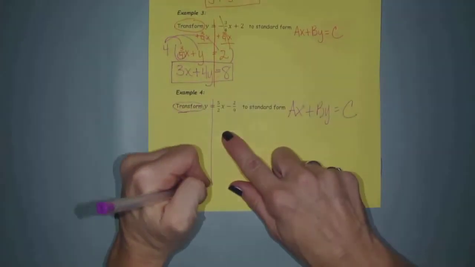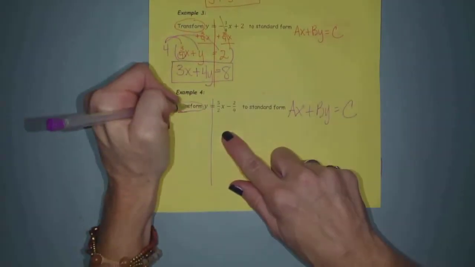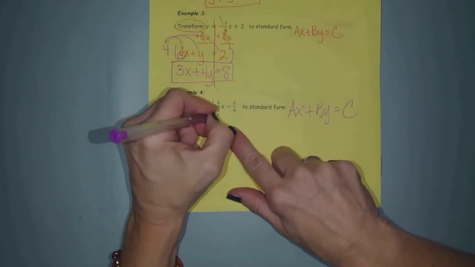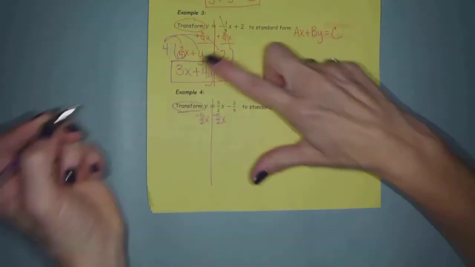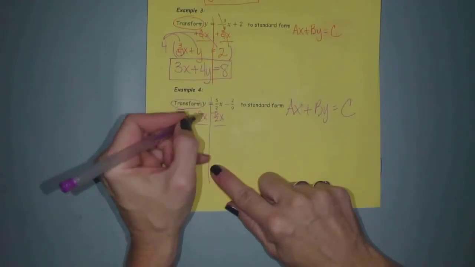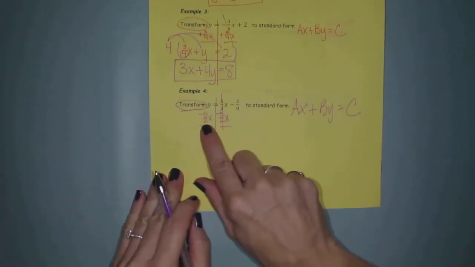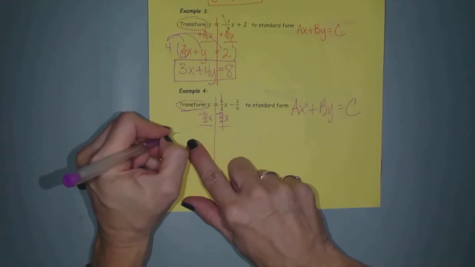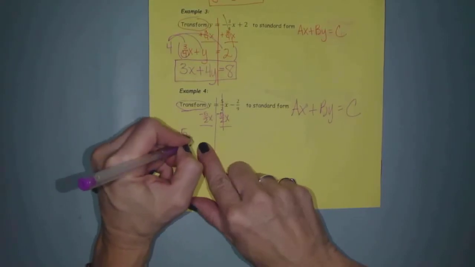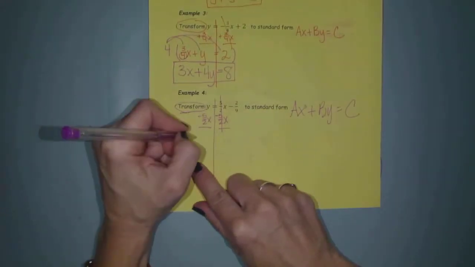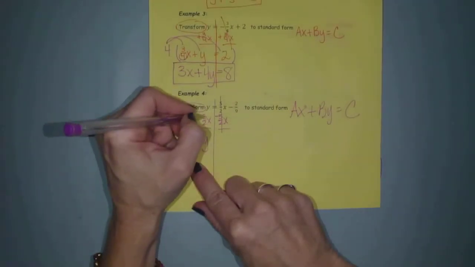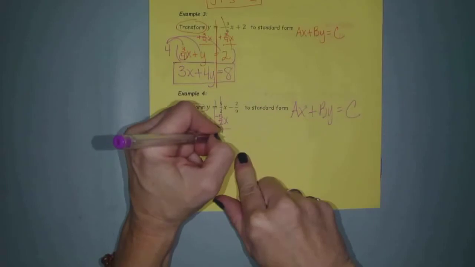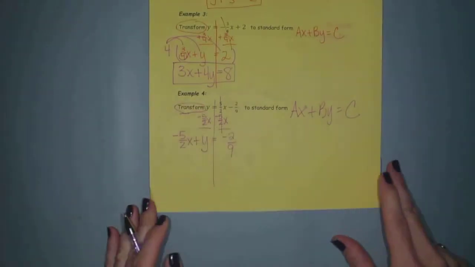So let's move the 5/2x over to the left by subtracting it from both sides. Okay? So these will drop. Now I want axe in the front, so I have negative 5/2x plus y, negative 5/2x and a positive y equals negative 2/9.